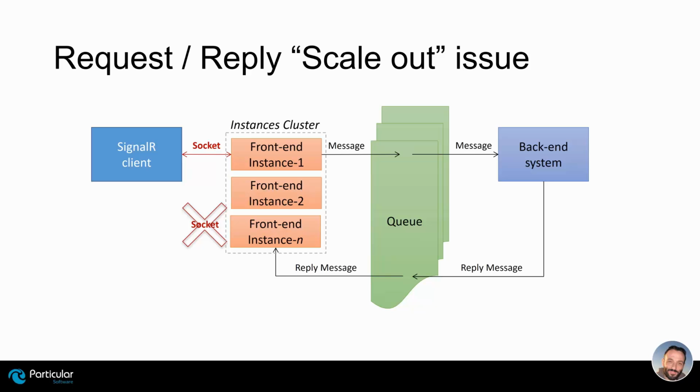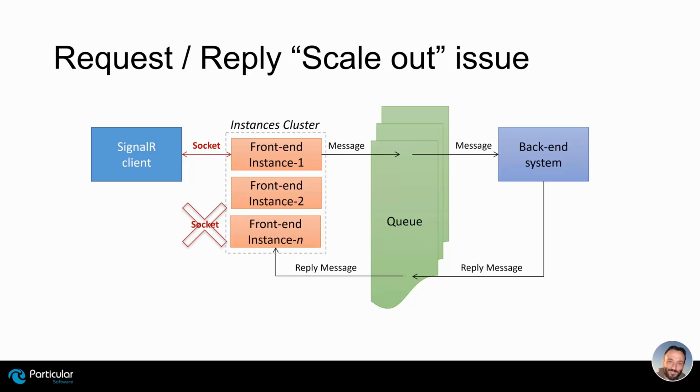We scale out the front end using whatever technology you would like, and we may end up having the reply message sent to the wrong front-end instance. Since all the front ends behave in a competing consumer manner using a single input queue, the reply from the back end can be consumed by any one of the front ends.